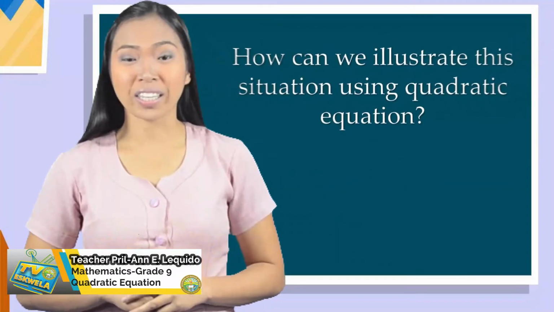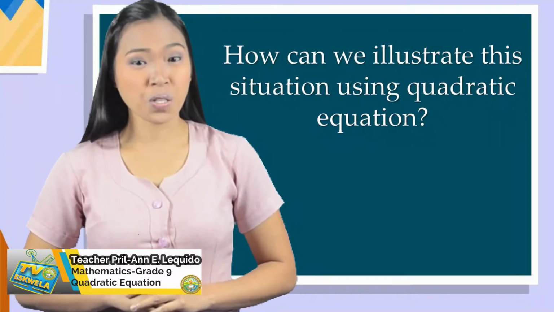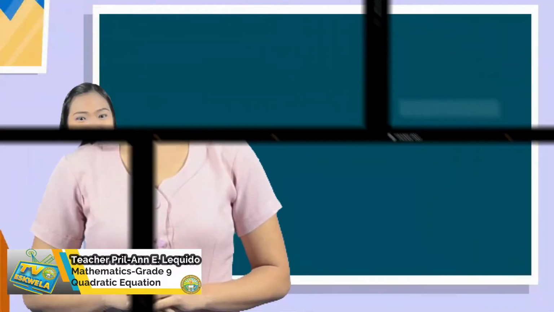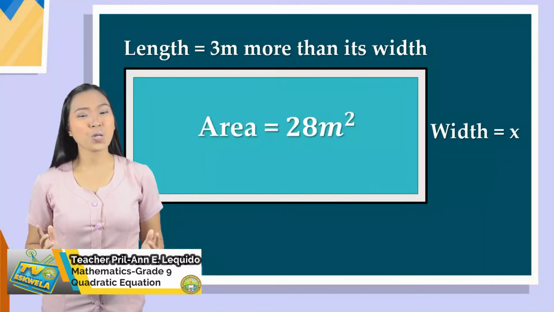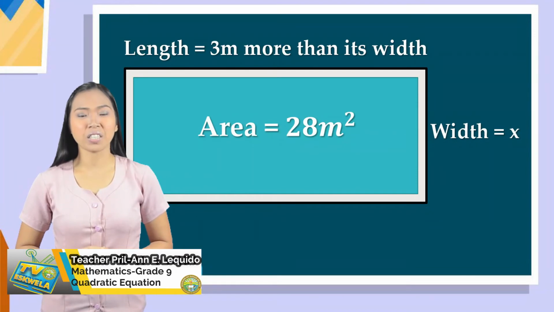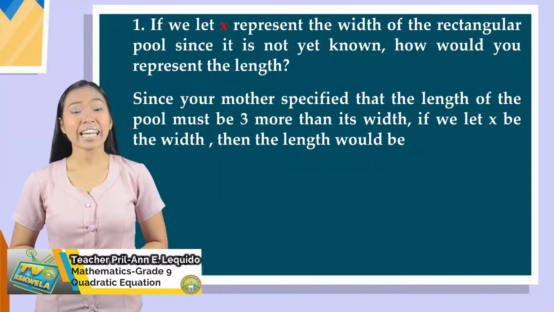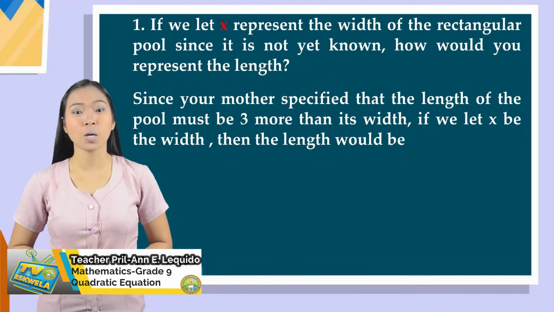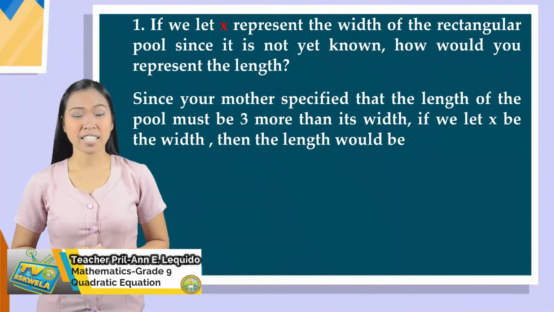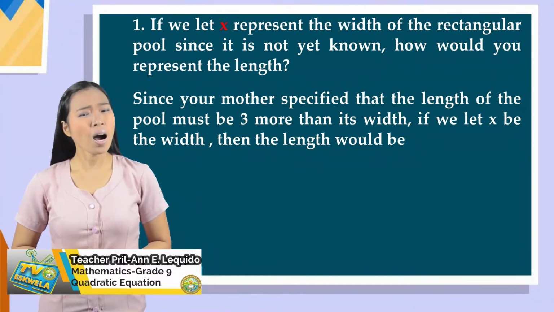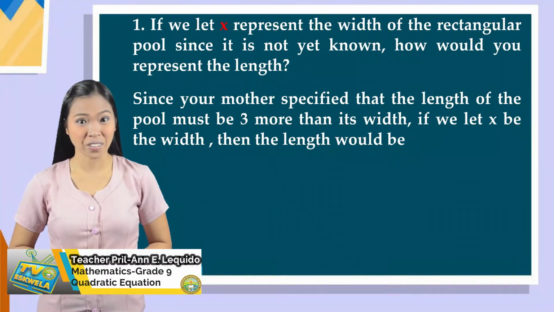How can we illustrate this situation using quadratic equation? We can do that by answering these guide questions. 1. If we let x represent the width of the rectangular pool, since it is not yet known, how would you represent the length?